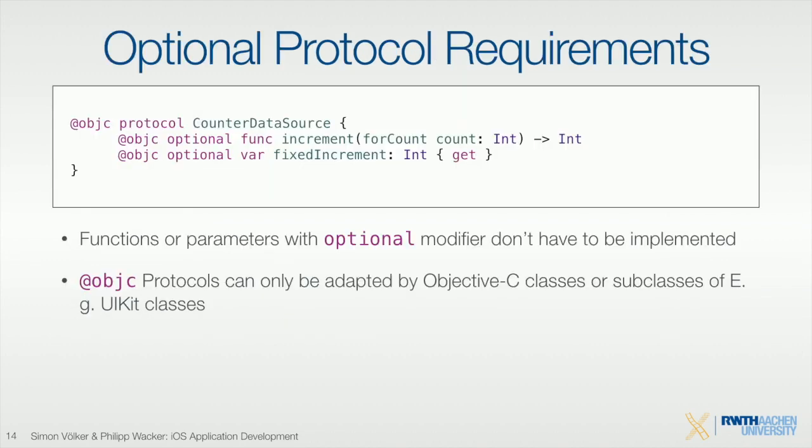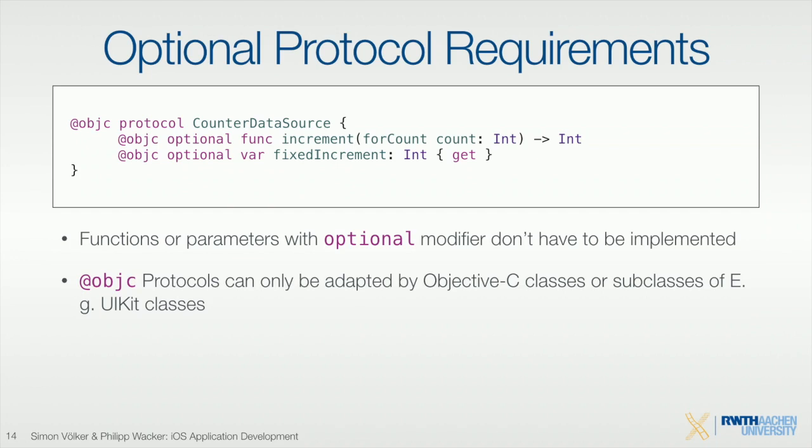So let's talk a little bit about optional protocols. As I already said, usually when you create your own protocols in Swift and you say it should have two functions and you have a class that implements that protocol, you have to implement that. Otherwise, the compiler will say, nope, the protocol is not followed. However, there is a little bit of old stuff still in iOS, because iOS was implemented in Objective-C and is currently slowly being transformed to Swift.